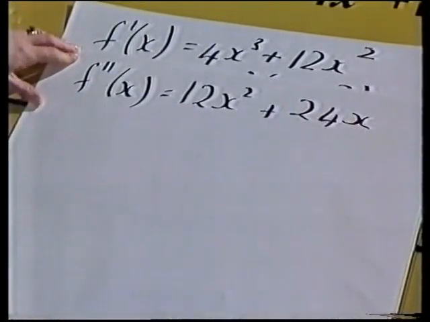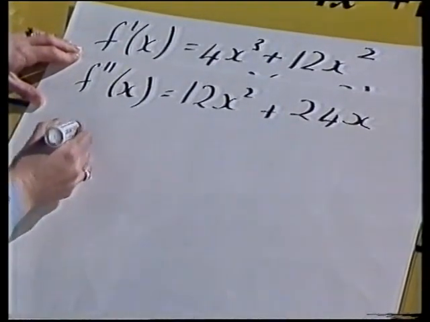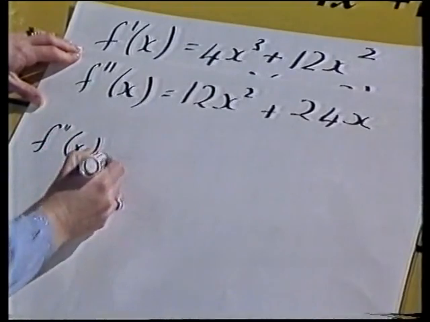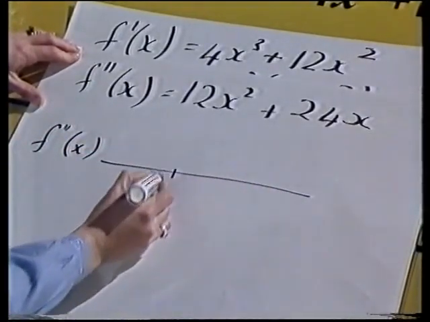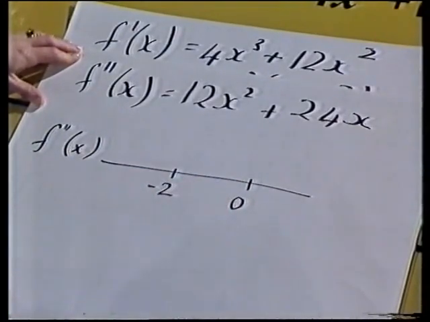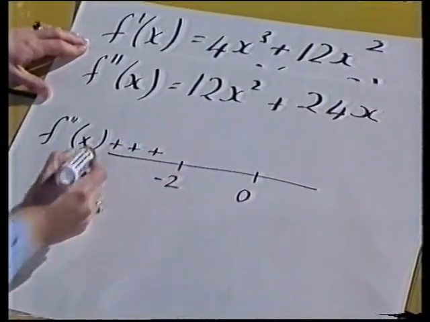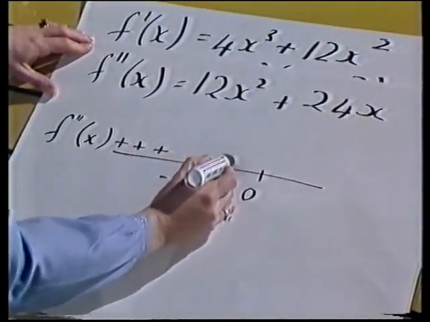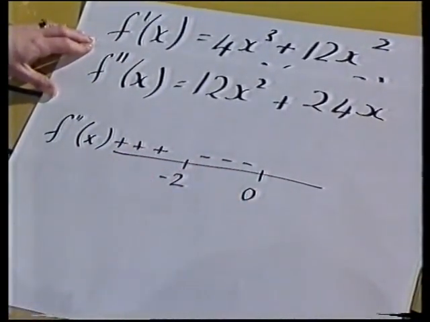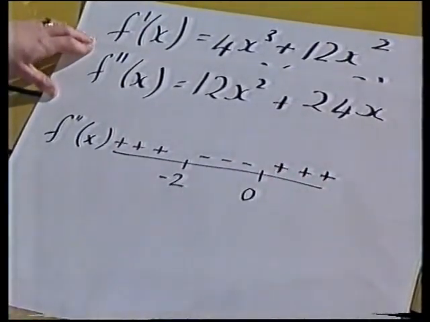Now, we go through exactly the same process again with the sign diagram, and what it gives us is that for the second derivative, it changes sign at -2 and 0, and to the left of -2, it's positive. It's negative between -2 and 0, and then positive to the right of 0.